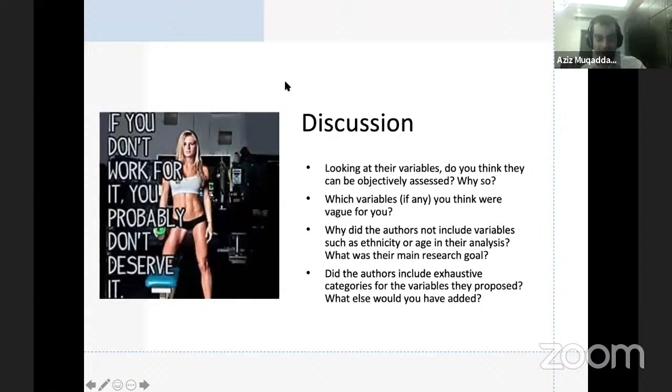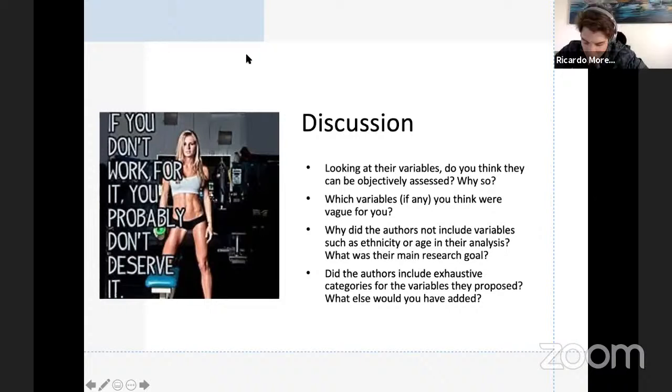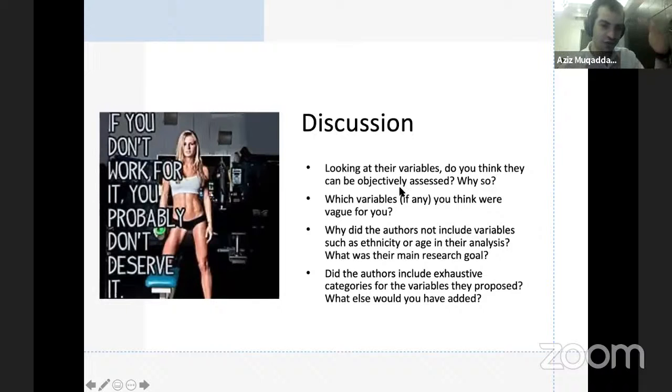So then I would have a discussion. We would have another discussion board thread, and I summarized this article for you. I'd like to hear what you think about the process. I'll ask these questions in the discussion board as well. If you look at the variables, to what extent are they objective, or can be objectively assessed? To what extent did the authors make that objective?